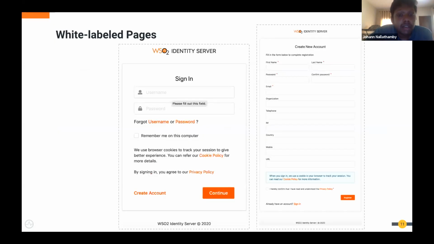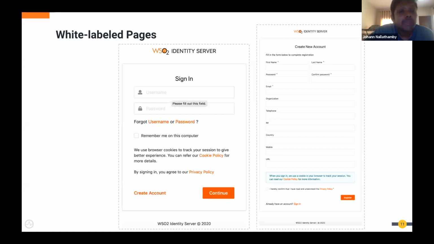Being a CIAM leader, we need to be able to brand our end-user facing pages based on the organization's requirements. So the identity server's end-user pages all come white labeled so that you can easily brand these pages according to your requirements. In addition to branding, we can also support internationalization and localization.